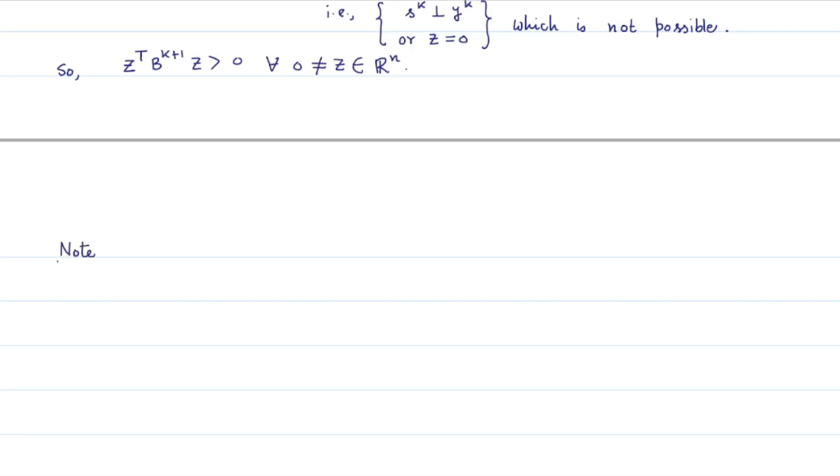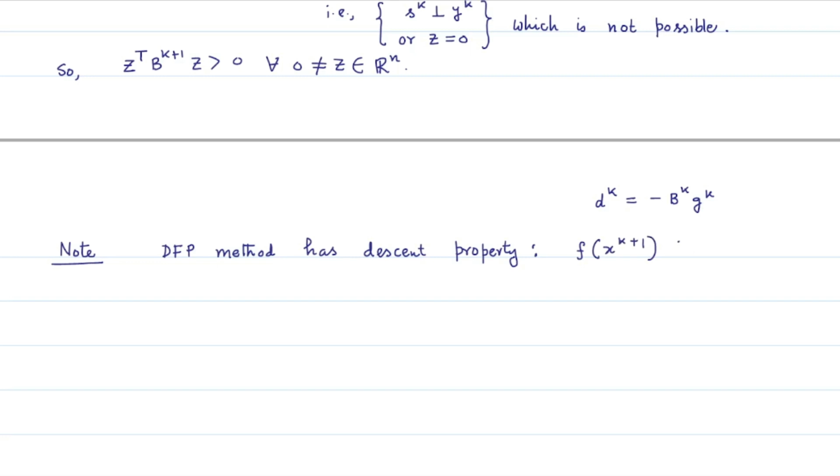So as a note, I write here that the DFP method has the descent property because the direction d_k for the DFP method gives us a descent direction for the function f, and hence the DFP method has the property that f(x_{k+1}) is less than f(x_k) for the iterative sequence x_k. Now next, let us go for checking the quadratic termination property of the DFP method.